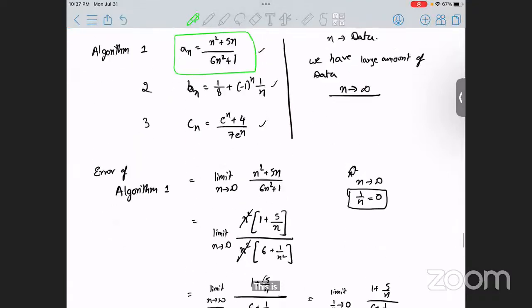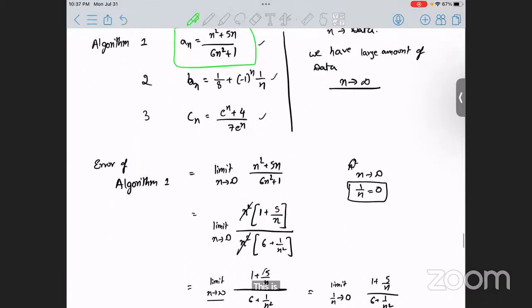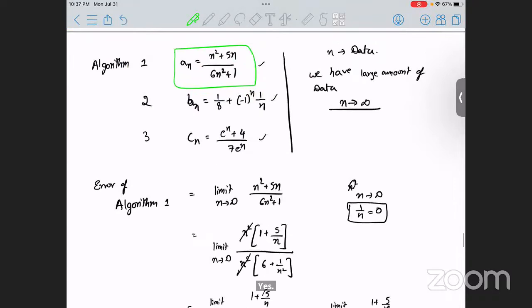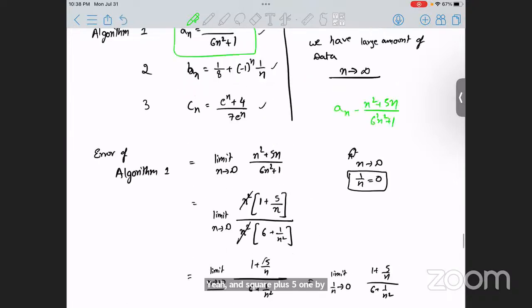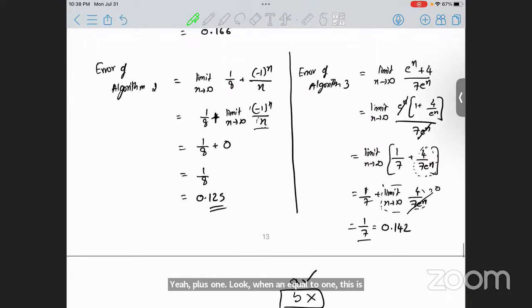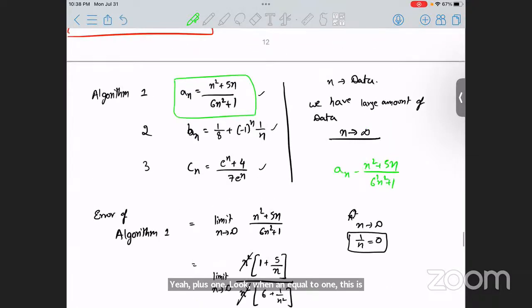Here, n means number of data. Based upon the data, we will get a_n equal to (n square plus 5n) by (6n square plus 1).